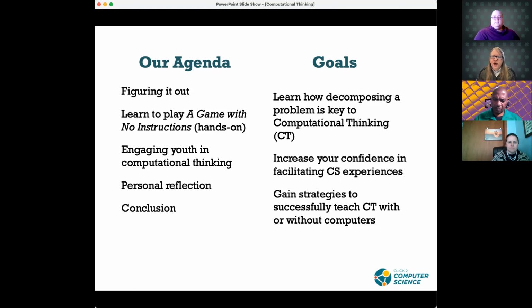So you've got the full activity for the Game with No Rules from code.org. And if you have any questions about that, feel free to reach out to us. If you are thinking about trying that and want some more ideas or support about how to run it, there's even more resources on code.org about the activity. But we wanted that to be something that you could take and use right away.